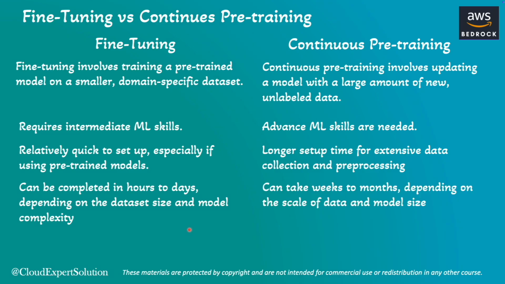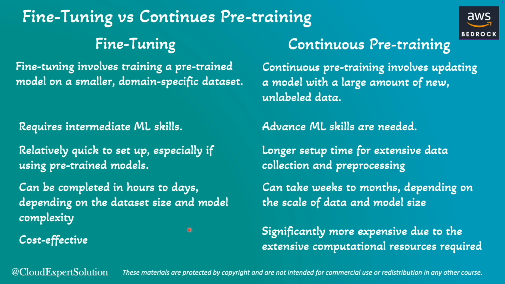However, continuous pre-training can take weeks to months, depending on the scale of the data and the model size. And last but not least, fine-tuning is cost effective, whereas continuous pre-training is significantly more expensive due to the extensive computational resource requirement.